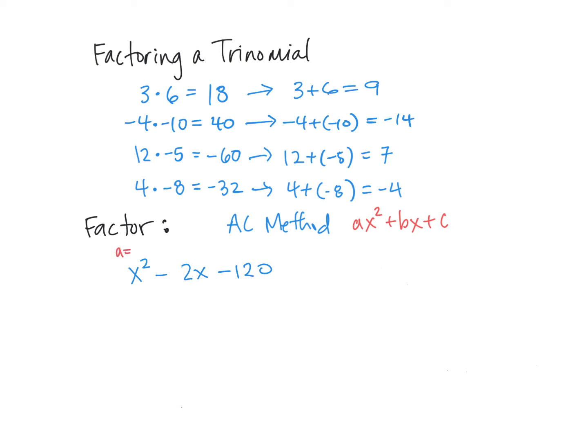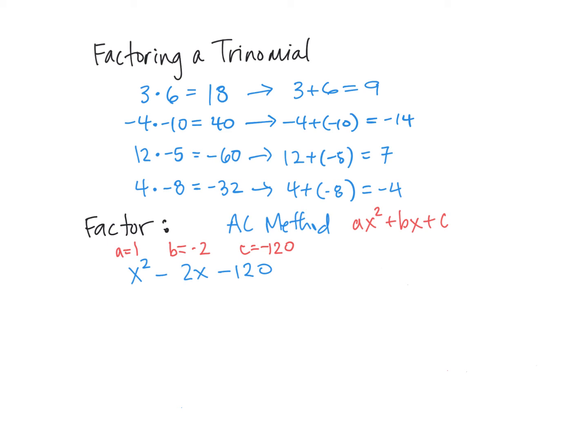If A is the coefficient of the x squared term, and I only have the one x squared here, then that's my unwritten coefficient 1. If there's no other coefficient written, then it's an understood 1. My B value, including my sign, is a negative 2. And my C value is a negative 120.